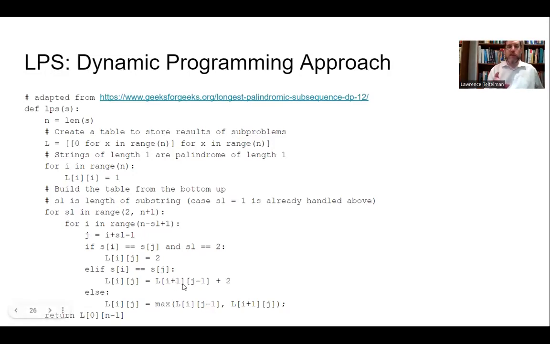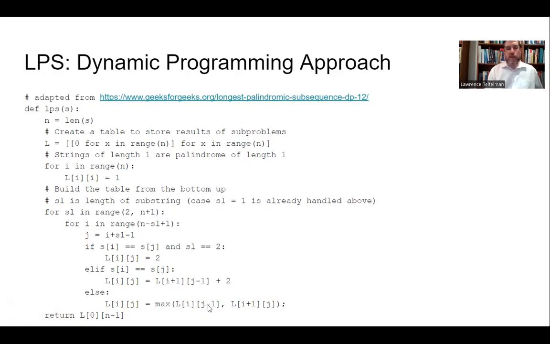But because it's bottom up, we've already done the middle, because it's a smaller substring. We are working in increasing order of length of the substring, so that's what this SL stands for: the substring length. Or if they are not the same, then I see what I can do if I can't use both endpoints.